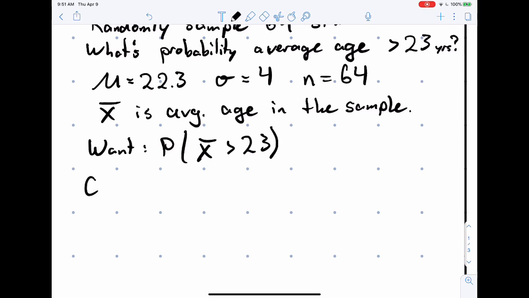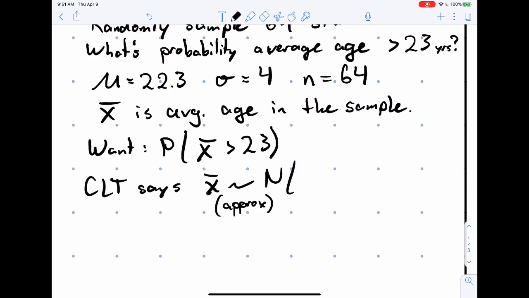The central limit theorem says that x bar is distributed approximately as normal with mean mu, which is 22.3, and then with variance sigma squared, so 4 squared over n, over 64.